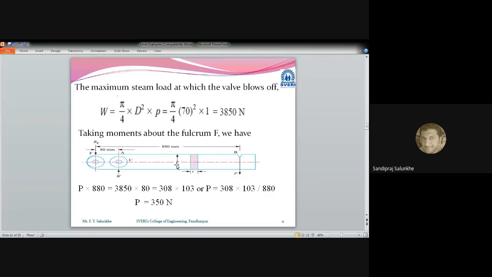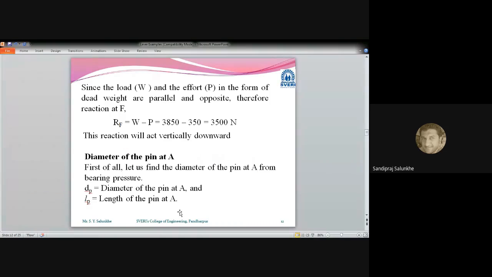Why? Because already we know that this RF is in downward direction. If you take this P to the other side, it will be in downward direction. Am I right? Or if you take this RF to the right side, it will become minus. Minus sign is for downward reaction. Basically, the equation we have mentioned here is the summation of all vertical forces equal to 0.